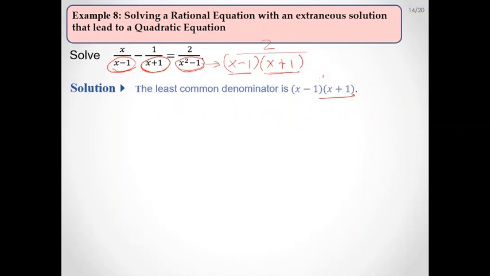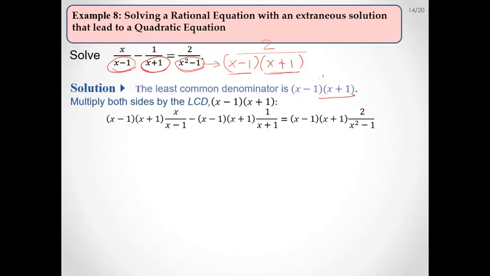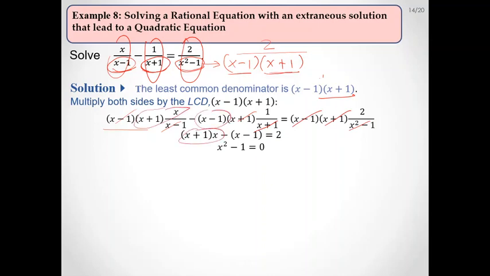And the next thing here is we multiply both sides by the LCD. So when you multiply all of them with the LCD, you will see the cancellations. Then next we have x times x plus 1, then x minus 1, and be careful, you have to put the parentheses here, and then there will be this 2.